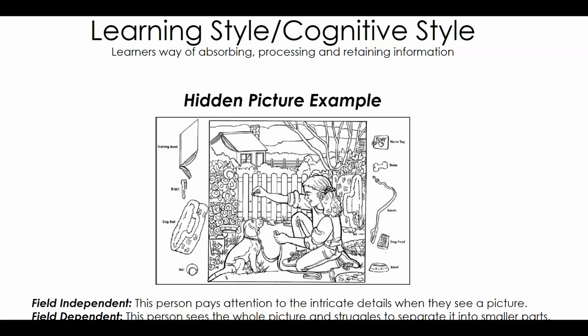You are looking and you're finding that dog food, the training book, the bowl. You're very highly engaged with the specifics, the intricate details. If you are field dependent, you see the whole picture, and sometimes it's hard to separate it into smaller parts. That's another way of looking at this learning style difference.